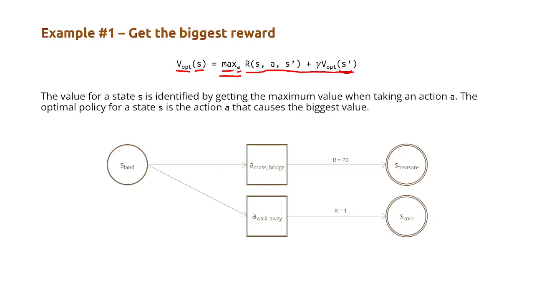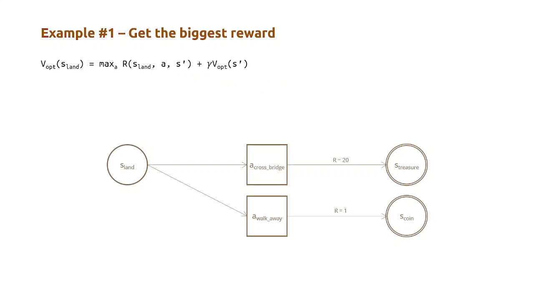Okay, let's go to the next slide. So we just replaced. We actually just want to get the optimal value or the optimal action of this state S land. That's why we plugged in S land here. So the optimal value of S land is equal to max A of the reward of S land given the action.